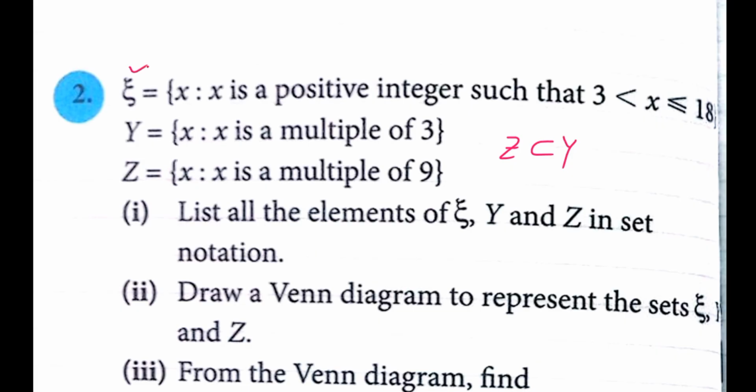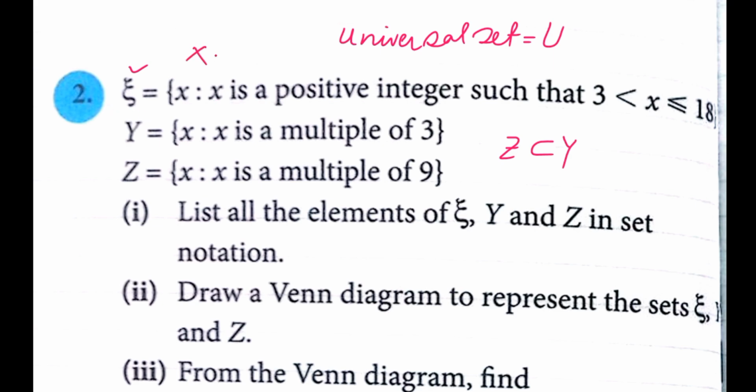This Greek letter, I told you, represents the universal set. Usually we denote the universal set by the capital letter U, but in this book the writer is using the symbol xi.